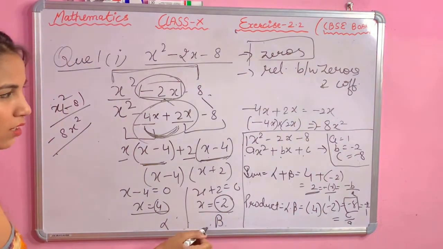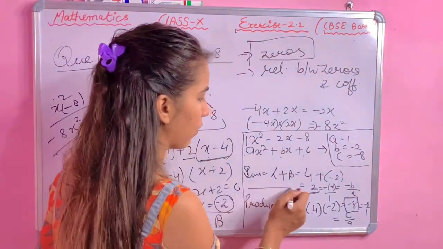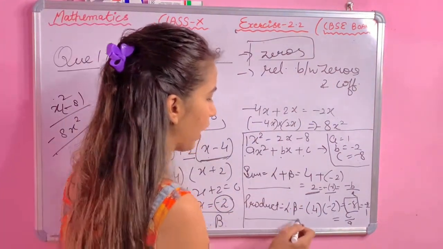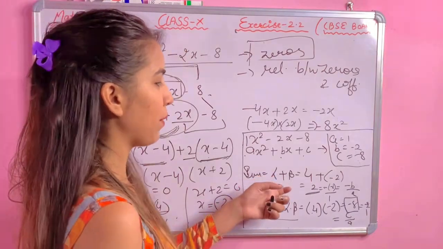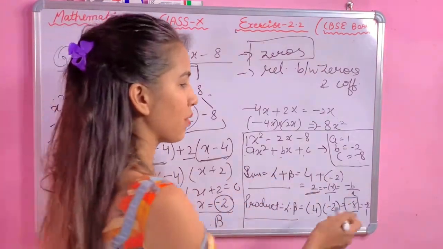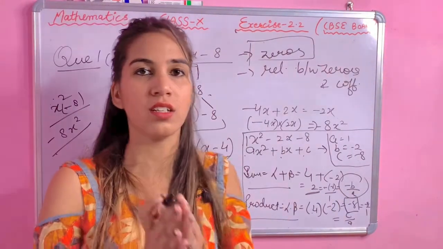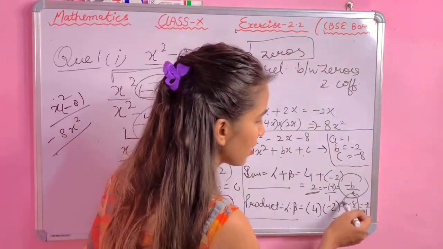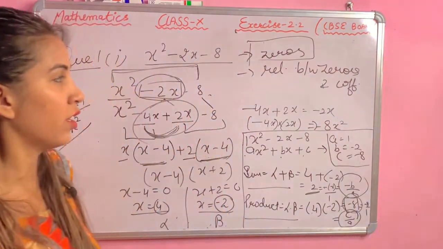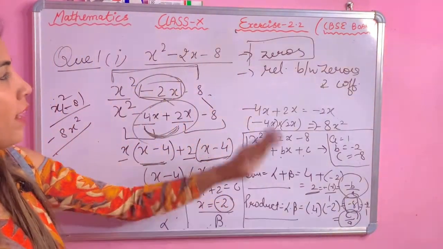First is alpha, second is beta. First of all, we have done alpha plus beta, and secondly alpha dot beta. Alpha plus beta's answer will be the same as minus b upon a, and alpha dot beta's answer is the same as c upon a. So this is the relationship and these are the factors.